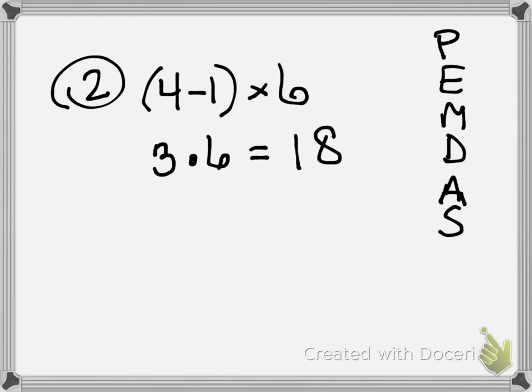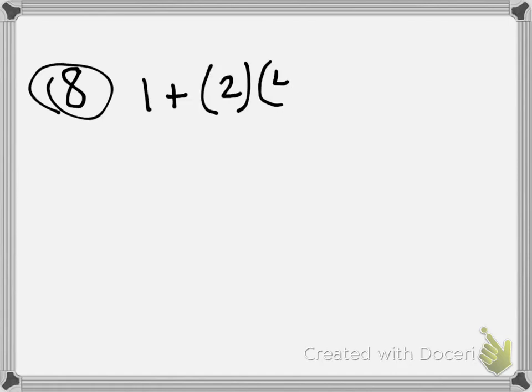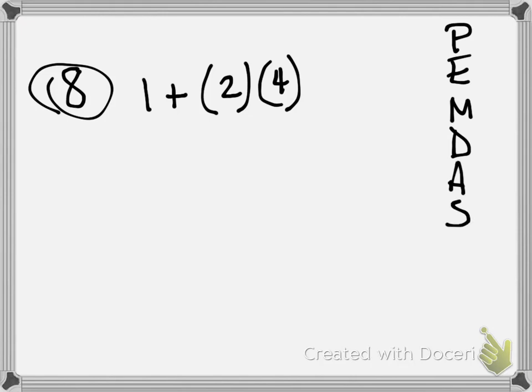So if you look at number 8, 8 is a little funny. Oftentimes in mathematics we use parentheses, and in PEMDAS, the parentheses step means perform all of the operations that are grouped within a parenthesis.